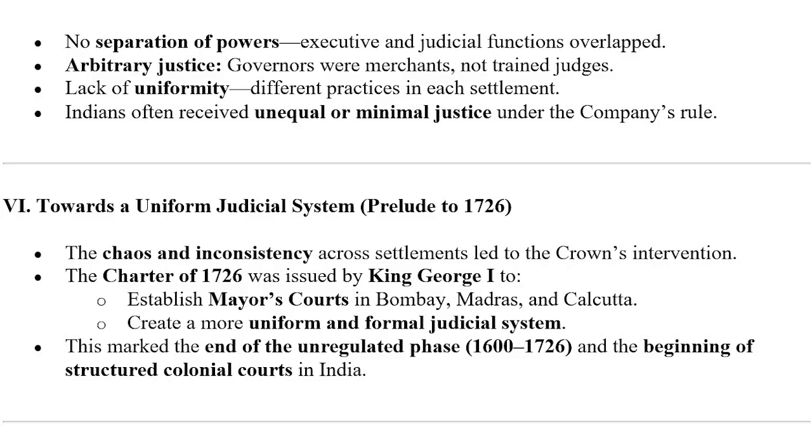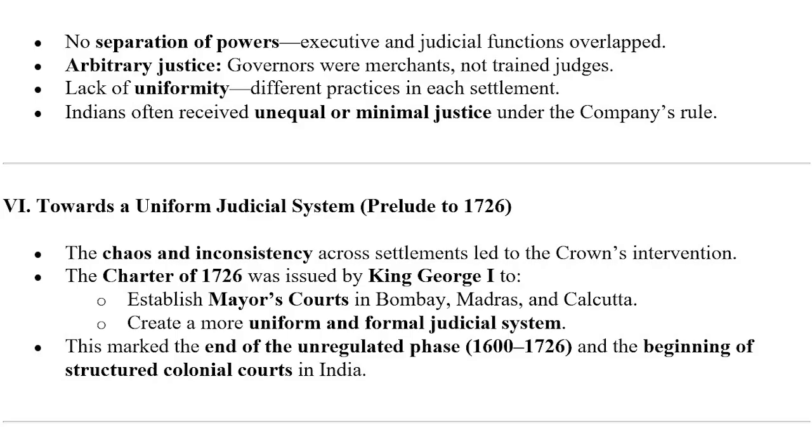There was a lack of uniformity, which meant that each settlement used to have different practices of judicial administration. Indians often received unequal or minimal justice under the company's rule. So these were the main limitations and problems during this period of 1600 to 1726.